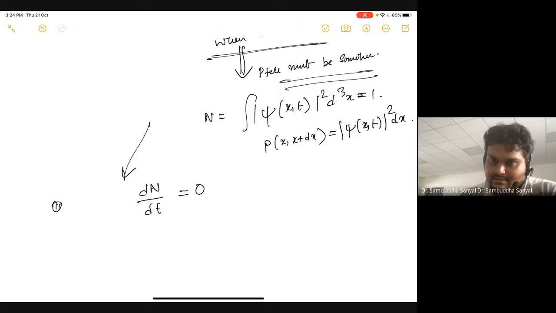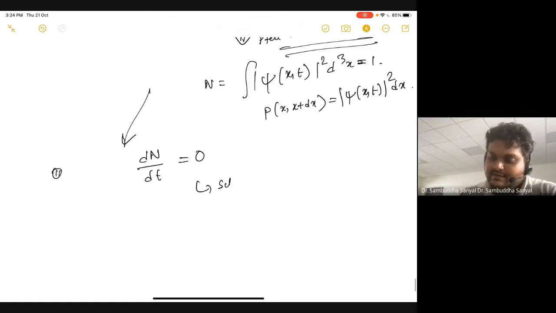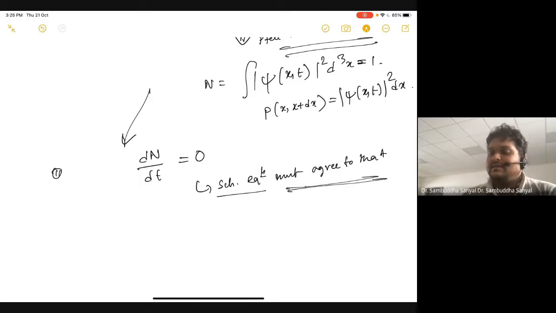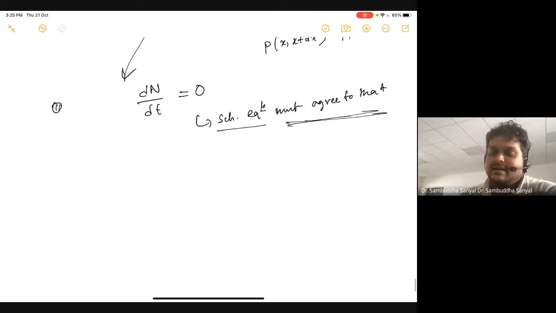And the Schrodinger equation must agree to that. That was the test he posed for the Schrodinger equation, because otherwise this interpretation is not valid. Okay? And if you try to think in the way Schrodinger was thinking, then it does not make sense to describe scattering. So that was the line of thought behind this.